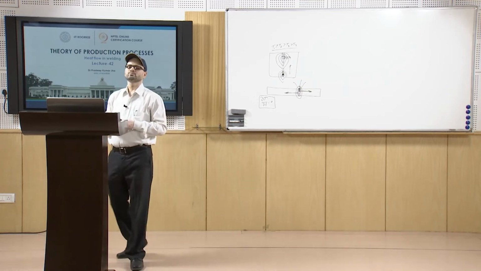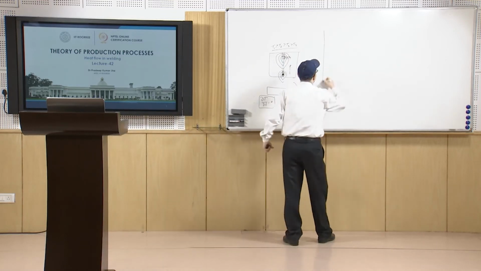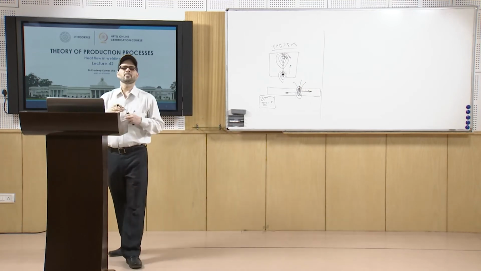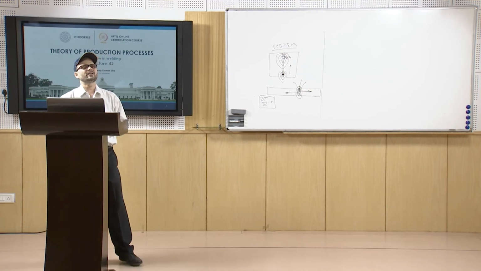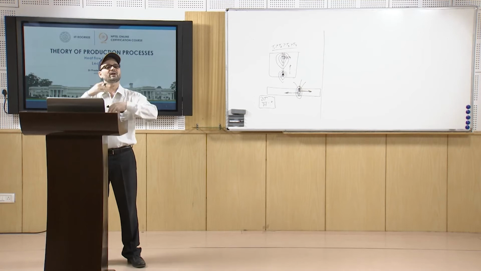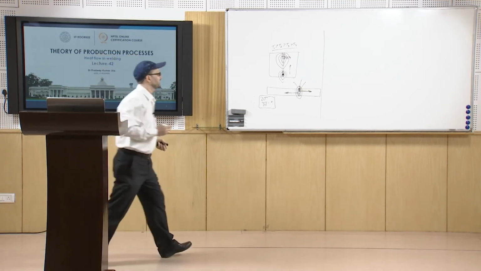So, first of all, what we see is that you can use initially the 3-dimensional Fourier's law of conduction, that is dou square T by dou x square plus dou square T by dou y square plus dou square T by dou z square equal to 1 by alpha into dT by dt.